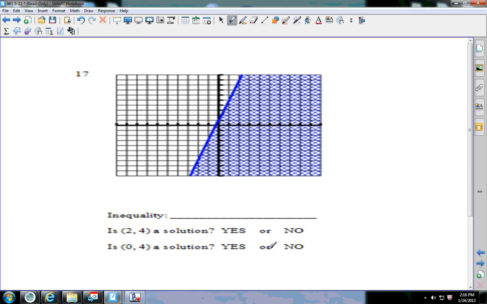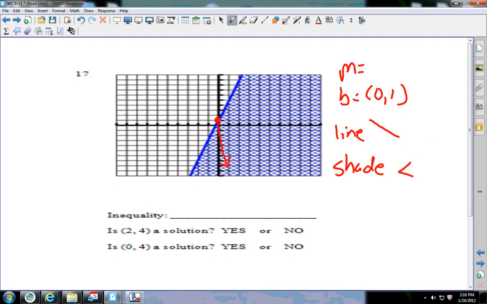Number 17. Well, let's find the slope, the y-intercept, the line, and the shading. Well, the y-intercept right here looks like it is 0, 1. The line is solid. The shading, I go down, so if it's down, it's less than.